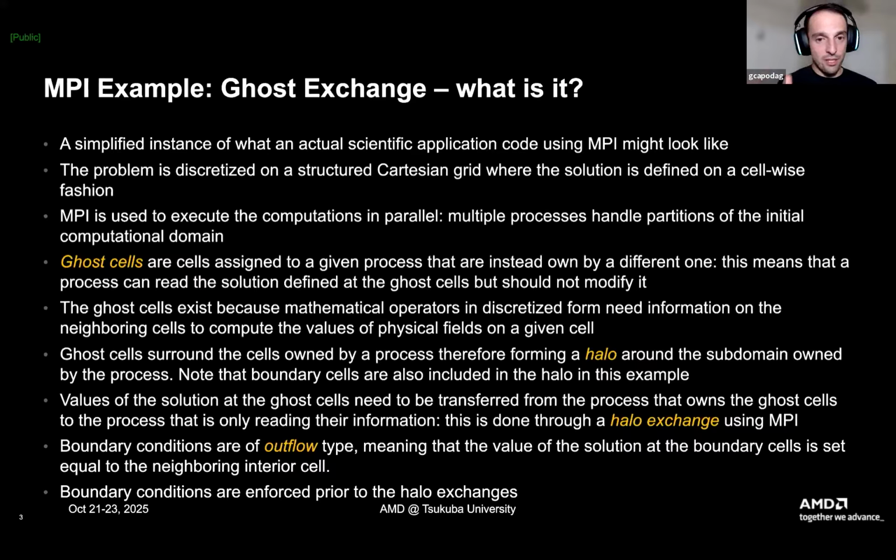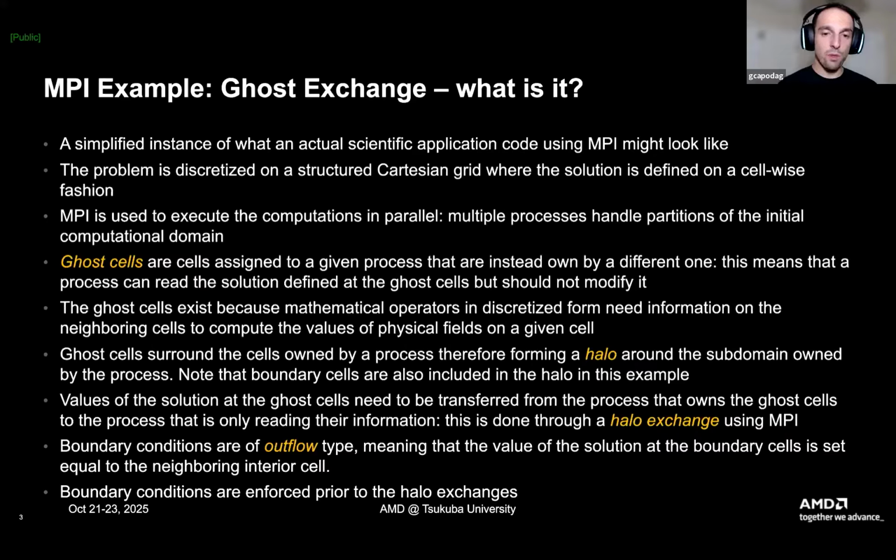Therefore, since the partitioning of the domain for MPI is done in a non-overlapping fashion, if you are trying to compute the solution at a cell that sits at the boundary of a subdomain, you'll need information from a cell that is owned by a different process. And the idea with MPI is that the memory is not shared, so a process can only operate on the cells that it owns.